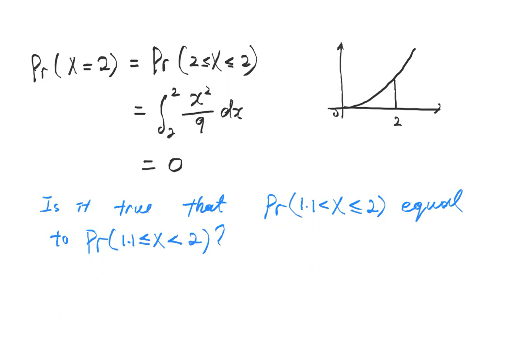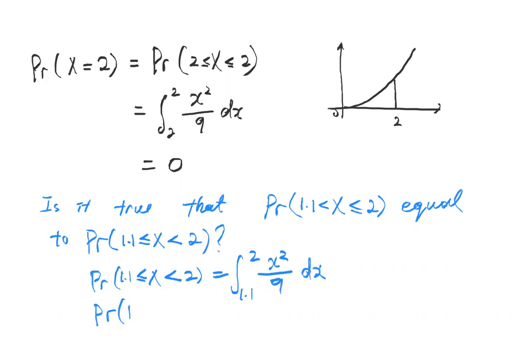Is it true? It's true, because the probability for x at a particular value to happen is equal to 0. So that means whether there is an equal sign or no equal sign, it doesn't matter at all in this case. So if I want to find the probability of x greater than or equal to 1.1 and less than 2, I still will do this definite integral.